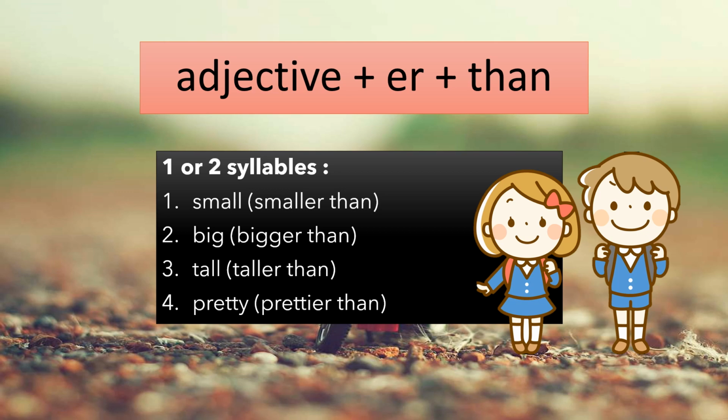Small, for example, smaller than. Big, bigger than. Tall, taller than. Pretty, prettier than. Remember that for words ending with y like pretty, you have to omit the y and change to i, and then you add er and then than.